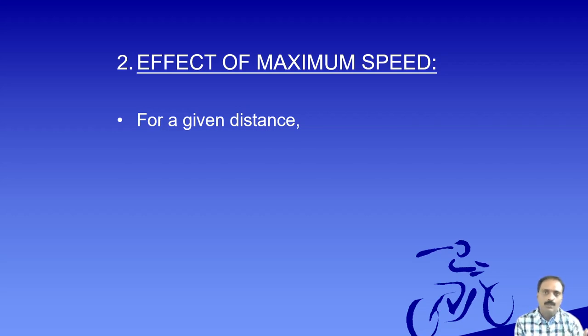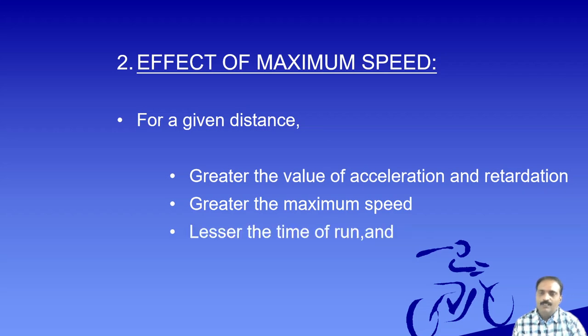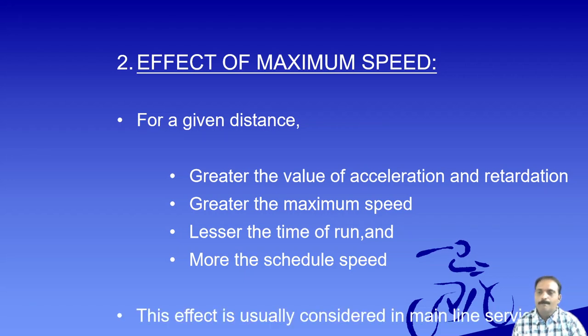As the time is decreased, the scheduled speed is going to increase because there is an inverse proportionality between the scheduled speed and the time taken. So with a higher maximum speed, the time of run is lesser and the scheduled speed is higher.